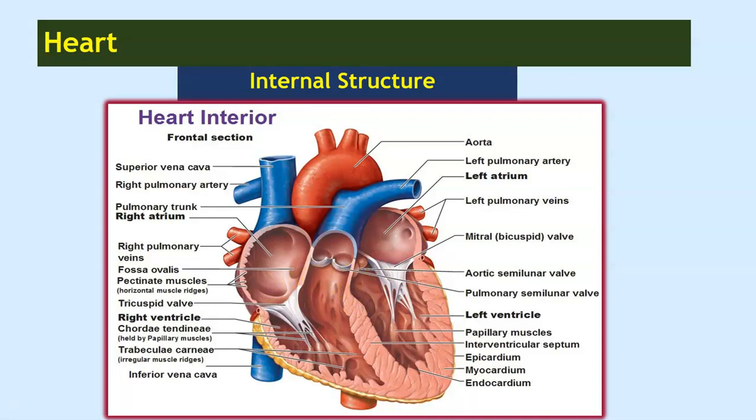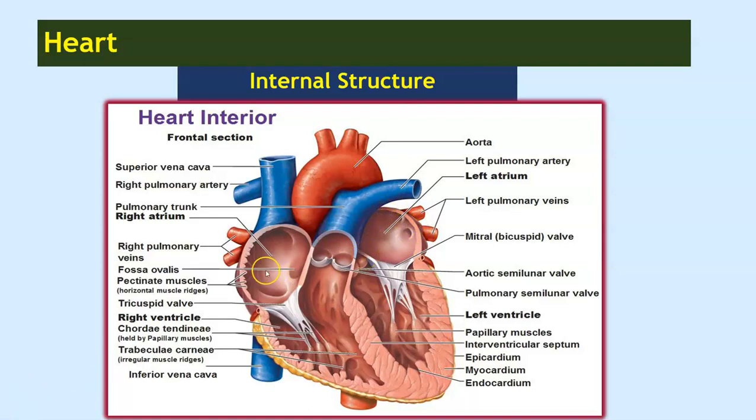Four pulmonary veins open into the left atrium. These openings are without valves. Have a look here students. This is your left atrium and you have the pulmonary veins which open into the left atrium and they are not guarded by any valves.